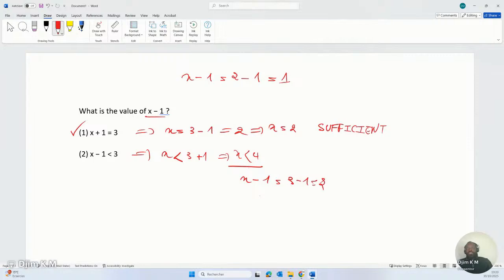Since it's less than 4, it could be 2 minus 1. It could be 1 minus 1, 0. It could be 0 minus 1, which is minus 1. See, so we can have multiple values of x. So this is not sufficient. Insufficient.